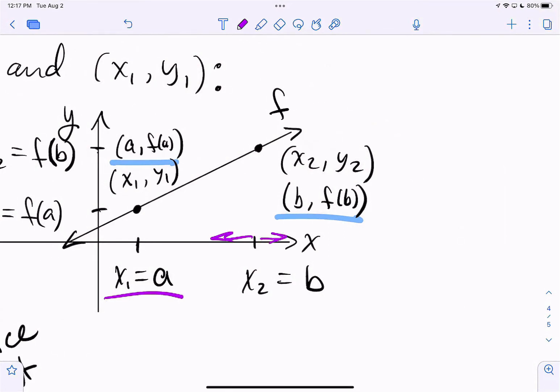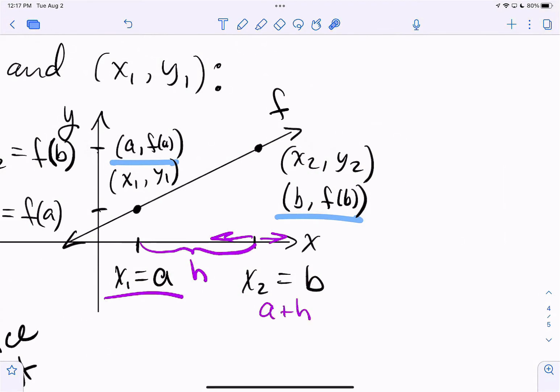I'm not actually going to move it, but in order to think about how this can move, instead of labeling x2 equals b or anything like that, I'm going to refer to a distance from the point where x1 is equal to a. And so I'm going to identify that the distance between a and b on the x-axis, I'm going to call that h. Therefore, x2 now has the expression a plus h.